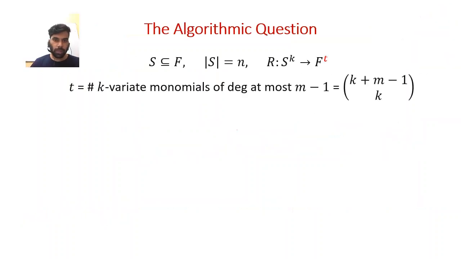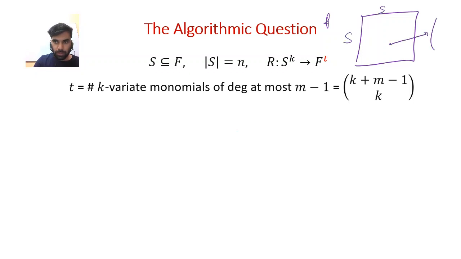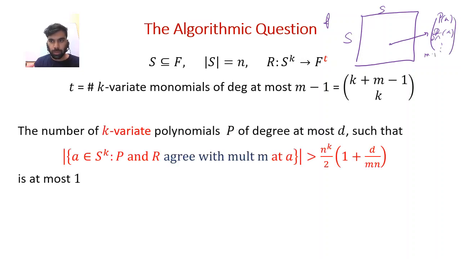And then we ask the algorithmic question that we are given an arbitrary function r on the grid, and at each point we are given the supposed evaluation of p, its derivatives in various directions of order up to m minus 1. And we wanted to do noisy interpolation.